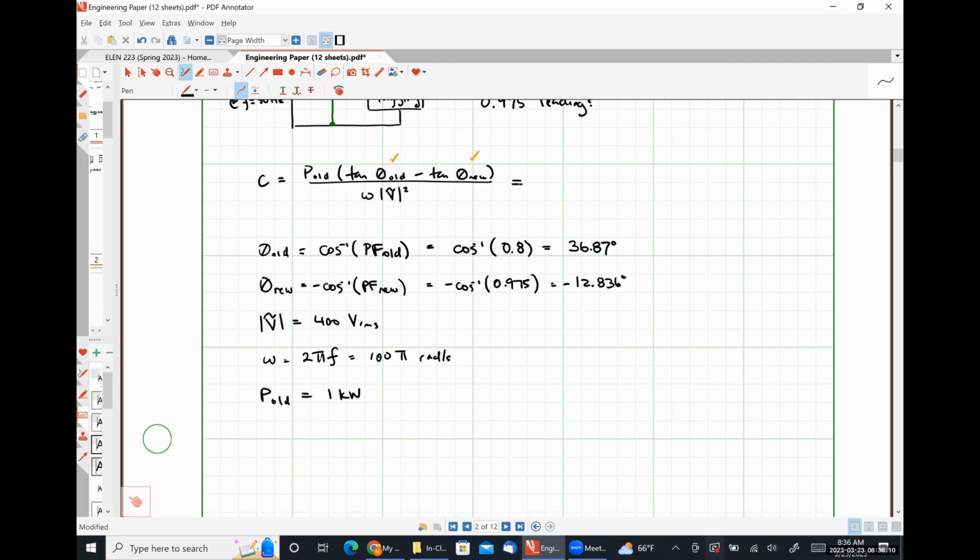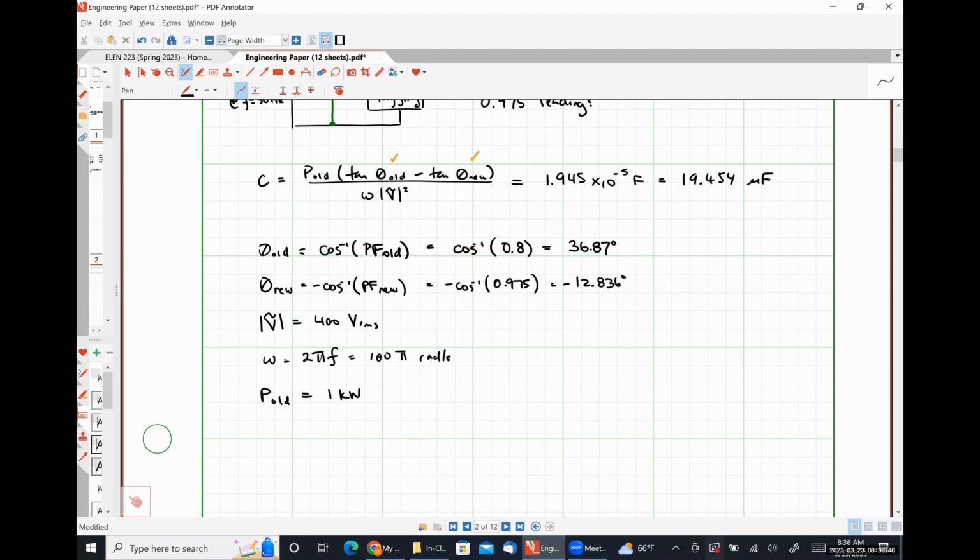So plugging in our numbers, I get 1.945 times 10 to the minus 5 farads, or 19.454 microfarads. Congratulations, you guys have just figured out how to correct the power factor of a motor by using a capacitor.